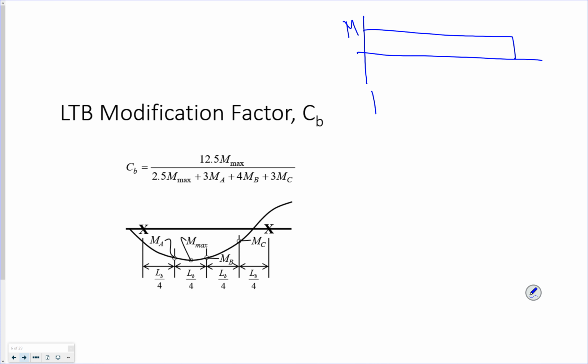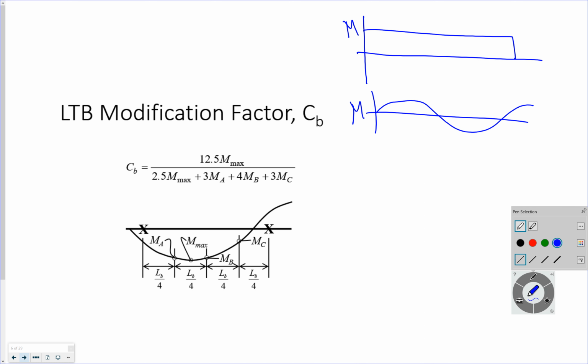Usually it looks something like that. If you have a bunch of distributed load, it would have curves like that, parabolas. You're not going to have a uniform moment across the entire beam length. This is along the length, right? The moment varies along the length of the beam.